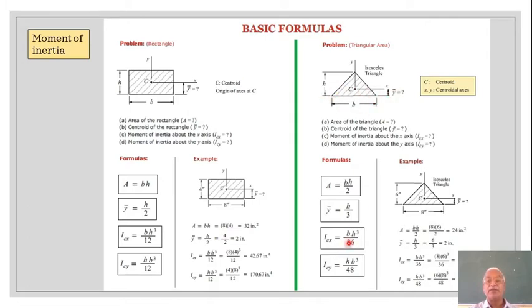Then it will be B H cube by 36. You cannot have a centroidal axis like that or like that, right? The axis passing through the centroid but parallel to the base. Then the moment of inertia about this axis, CX axis, will be B H cube by 36, right?